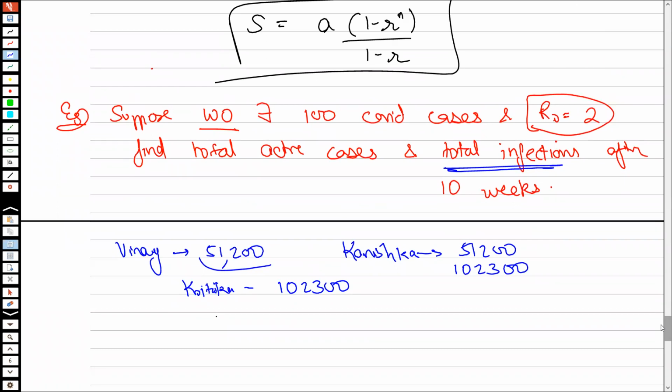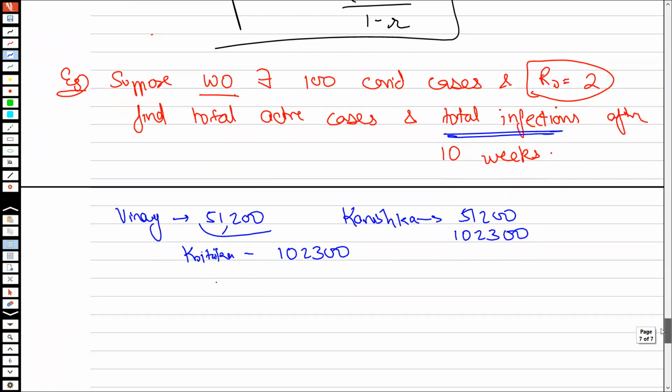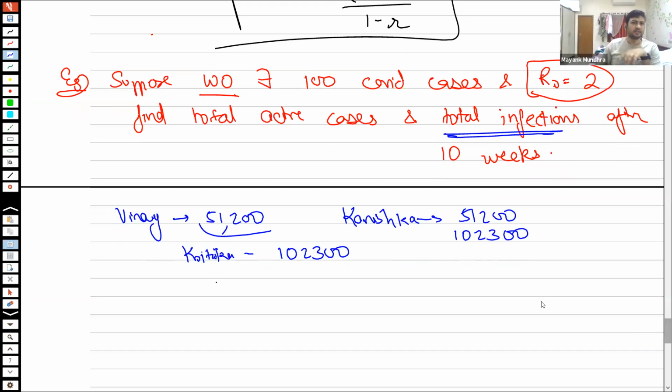So what is the difference between total active cases and total infections? For total active cases, I'm assuming that people who get infected, like me, will be cured after 2 weeks. The other person will be either cured or dead after 2 weeks. The two people I infected will be the active cases. So after 2 weeks, total active cases will be 200.